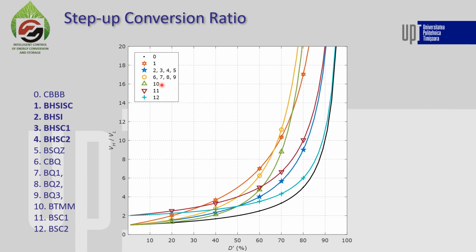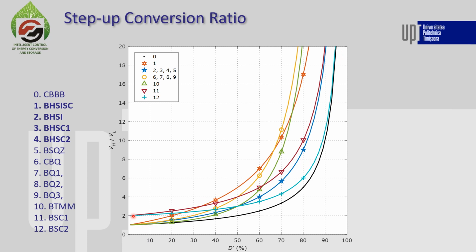Then we have again the triangular multi-level converter, and then we have the bidirectional switched inductor switched capacitor converter, followed by the rest of the hybrid converters here in the middle, together with the switched quasi-Z source converter. And here we also see one of the switched capacitor converters, and then the other switched capacitor converter going pretty close to the conventional buck-boost converter.